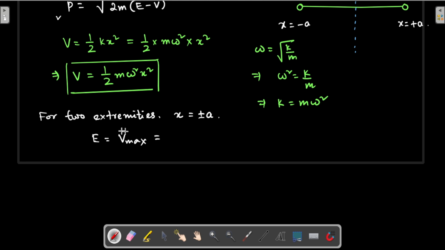It will be the maximum potential, which is half m omega square, and x square becomes a square. We can write E equals half m omega square a square.